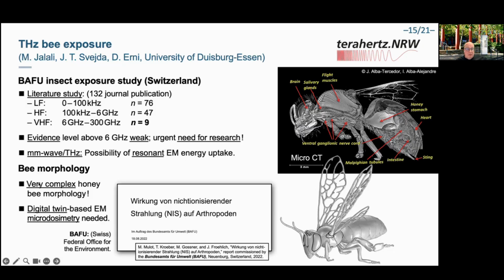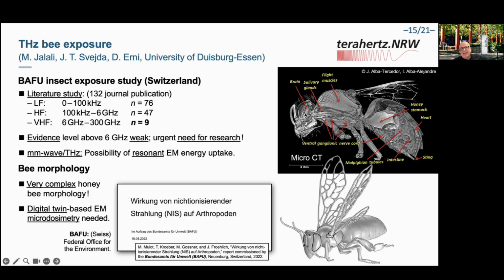But that also means that we are looking at an organism with a very complex morphology. If you look at, for example, the honeybee as shown here, what you see is a cross-section from a micro-CT image. And what is very impressive is the density of organic functionality. Here we have the head with the large visual cortex.